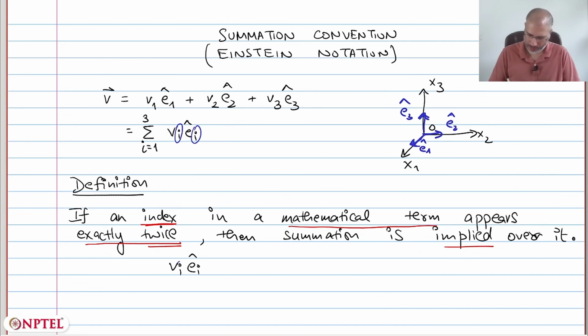Where's the index? The index is i. Does it appear exactly twice? The answer is yes. Does it appear in a mathematical term? Yes, vi ei is a mathematical term.